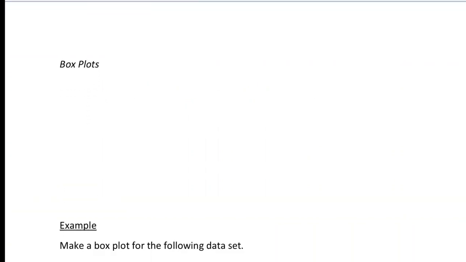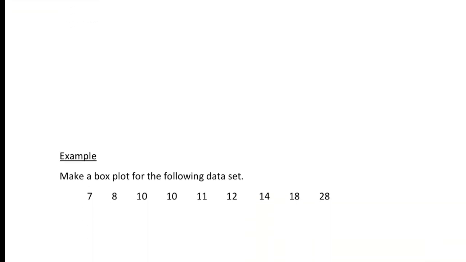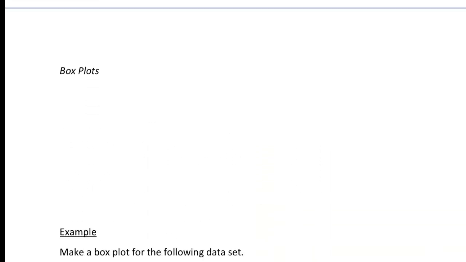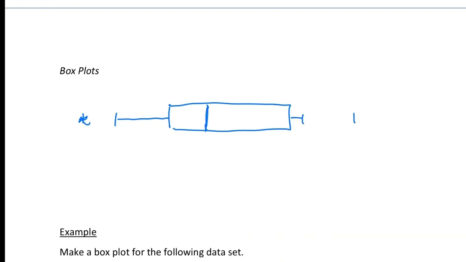So let's do an example. We're going to go through a full example here of creating a box plot. So just have a clean picture here of what a box plot looks like and all the values. Again, things may look very weird and different. Could look like that. I'll put a couple outliers on this end. So again, this would be an outlier.